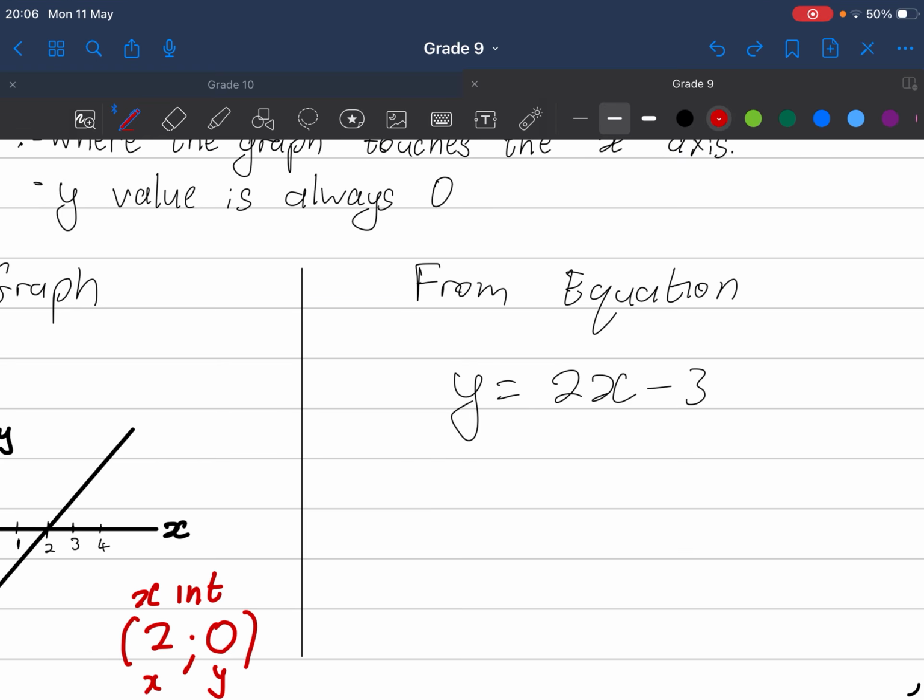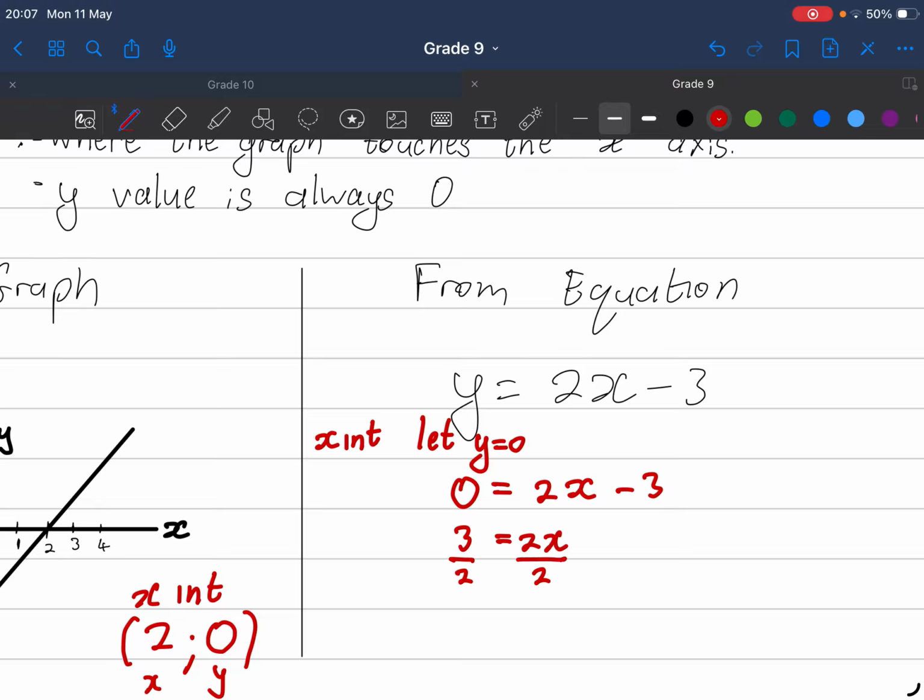So to find the x-intercept, we remember this. For x-intercept, let y equal 0. So where y is, I'm going to put a 0, and I'll put the rest of the equation as normal. I'm then going to solve for x. You move your 3 across, equals 2x.